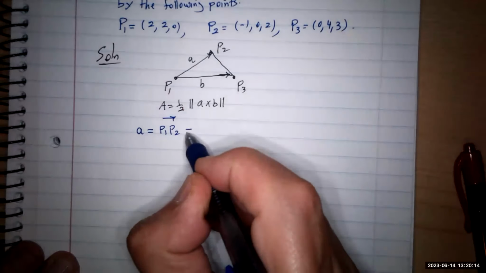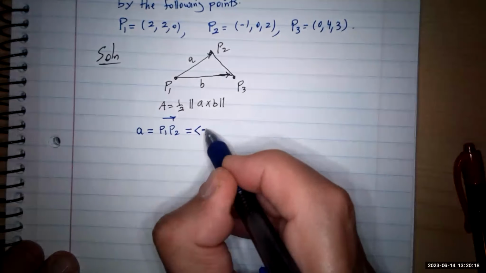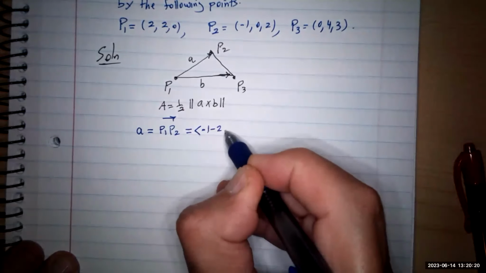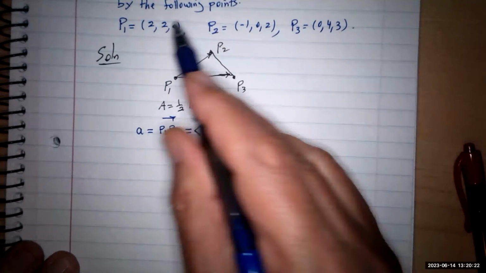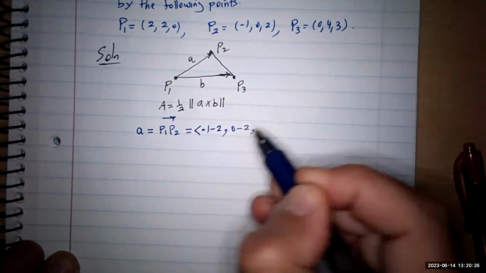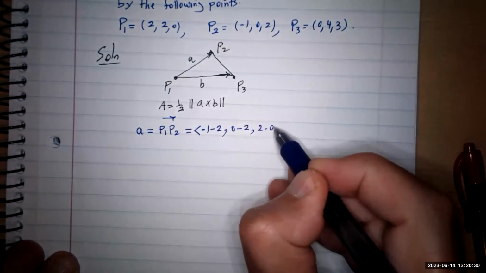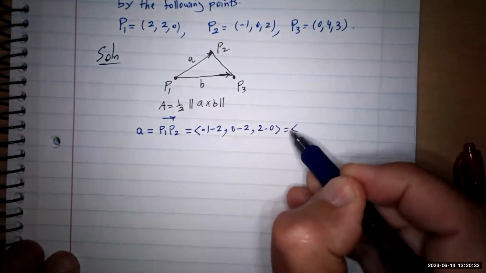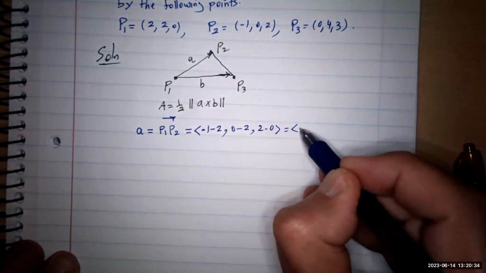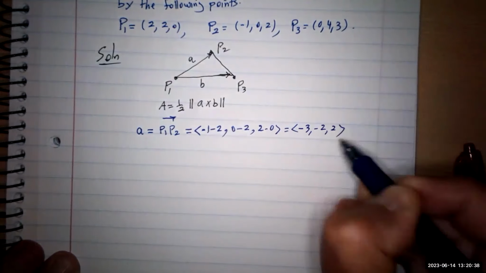So this is the vector -1 minus 2, comma, 0 minus 2, comma, 2 minus 0. That vector would be -3, -2, and 2. That's vector A. Any question?